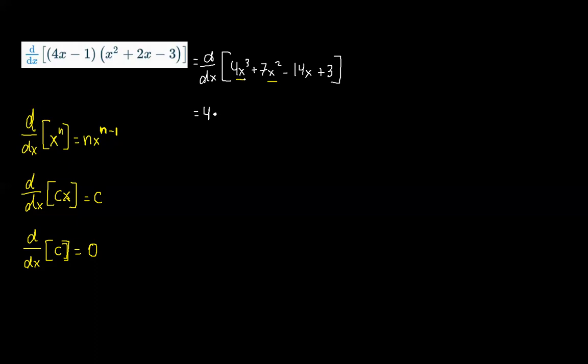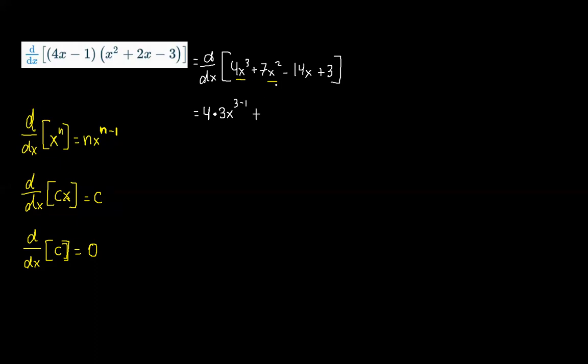Then let's get the derivative of x raised to 3. Just simply bring down the exponent, copy the variable, and the exponent 3 you used to bring down will be subtracted by 1. That's it.